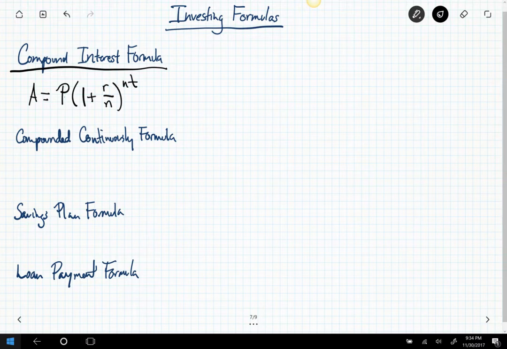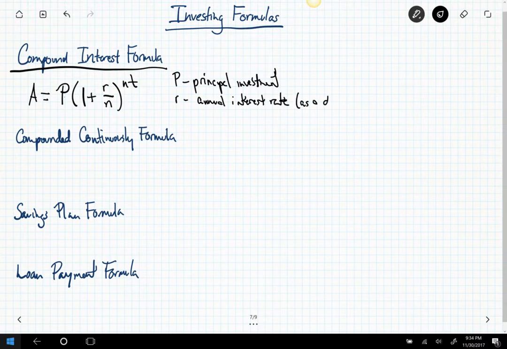What P stands for is principal investment. r stands for annual interest rate, as a decimal. n is the number of times compounding per year. t is the time in years.